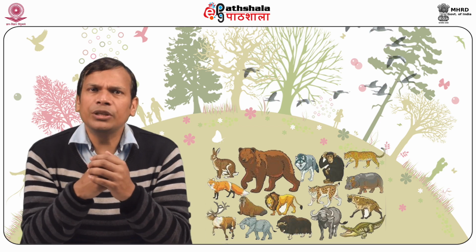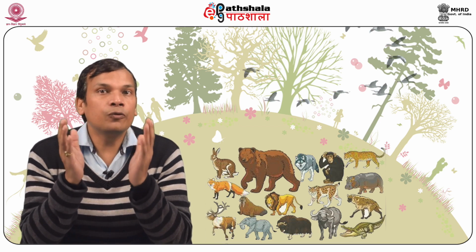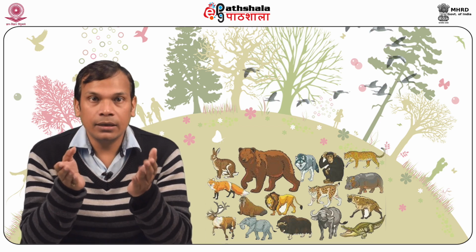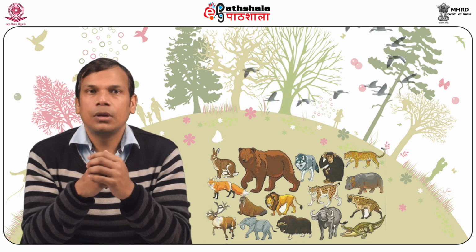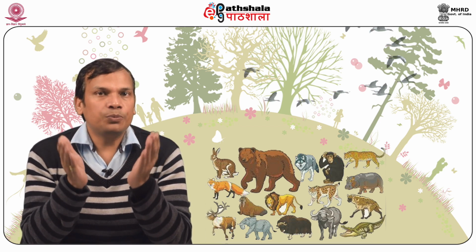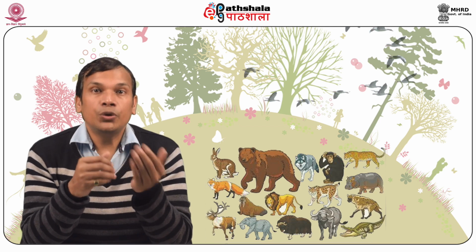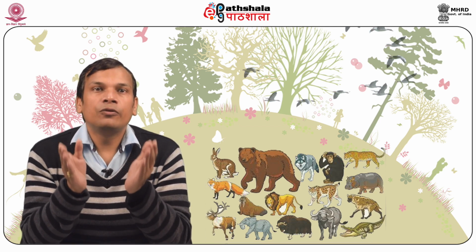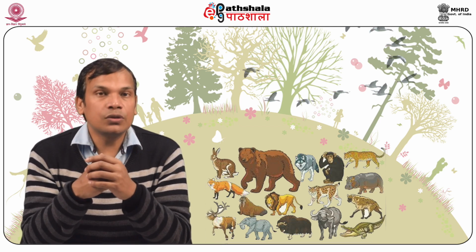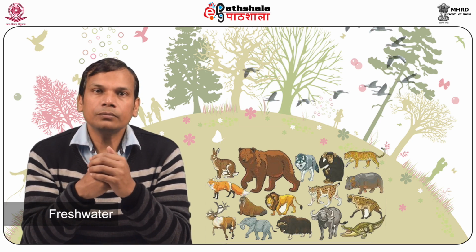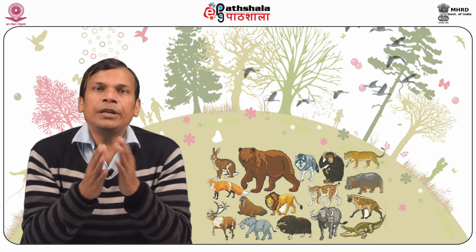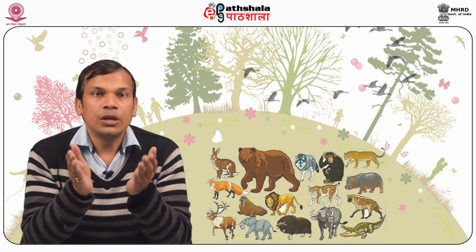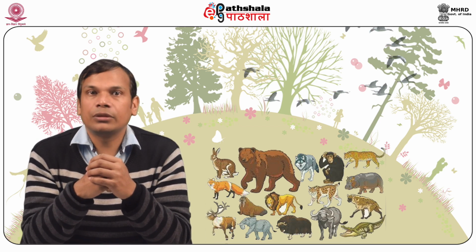The increased population required more food, space, and other resources. Due to increased population, we utilize more than 50% of freshwater resources, of which 70% is utilized in agriculture.